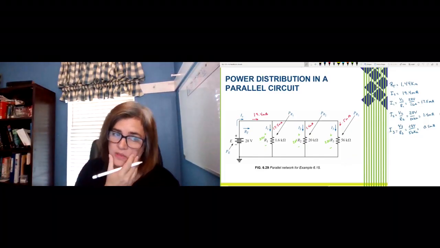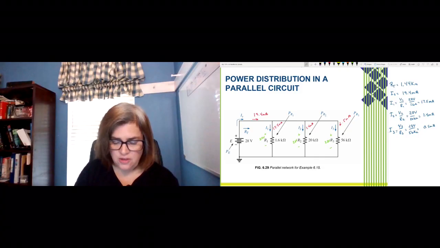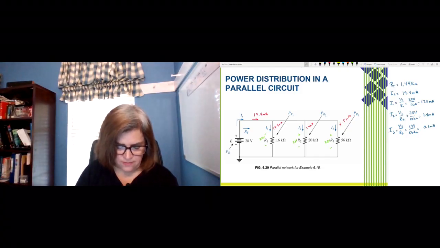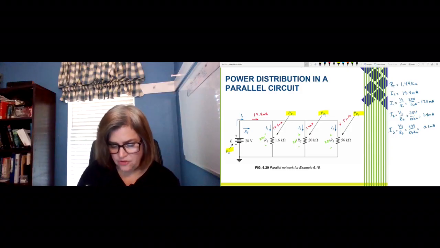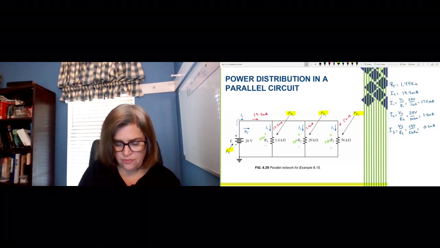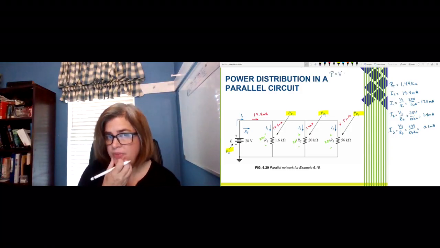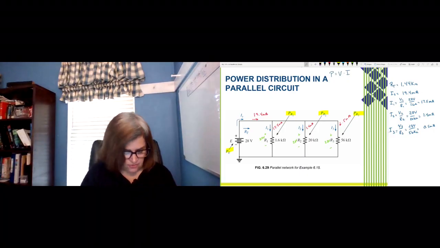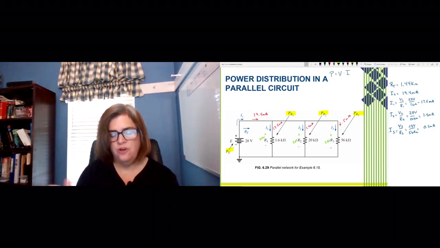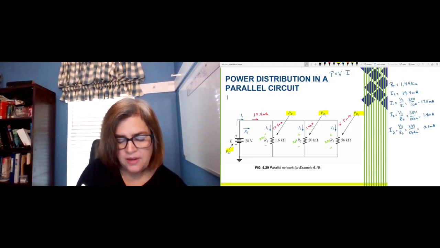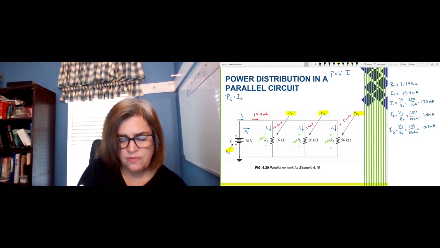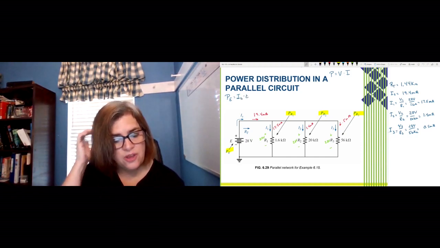So how do we calculate the power delivered to our circuit and the power absorbed by our resistors? Well, remember, that is just P equals V times I, okay? So the power delivered to our circuit is that PE, and it is the source current times the voltage we're supplying to the circuit.